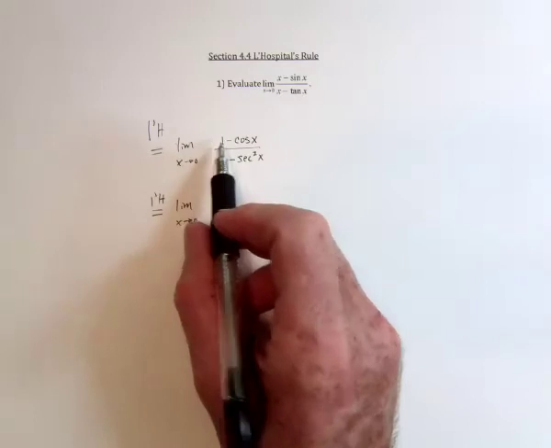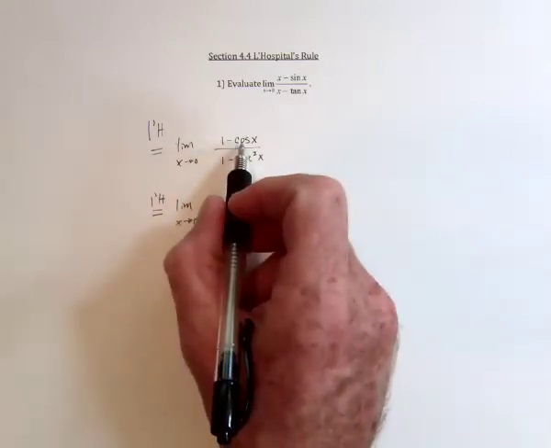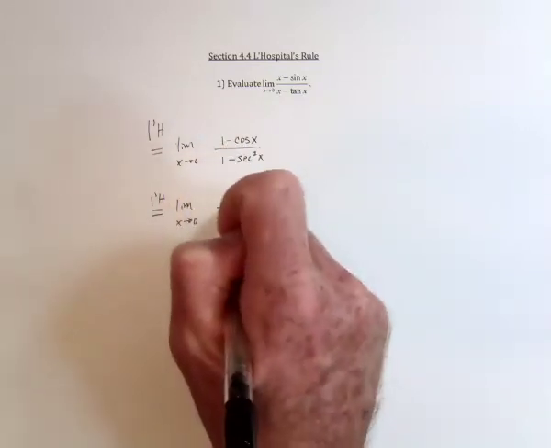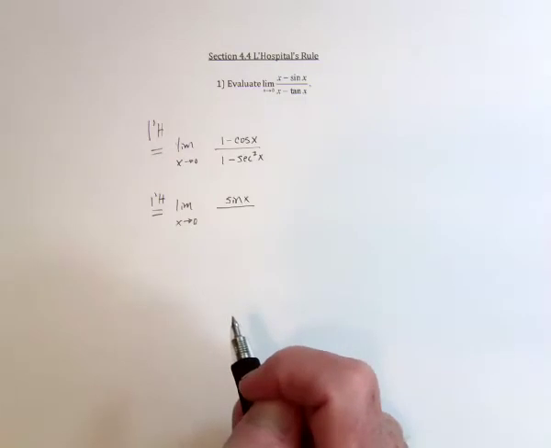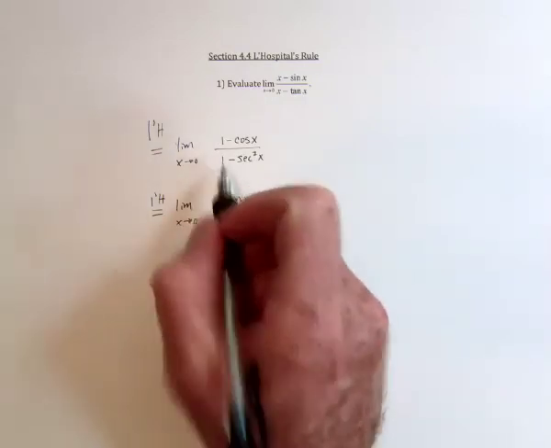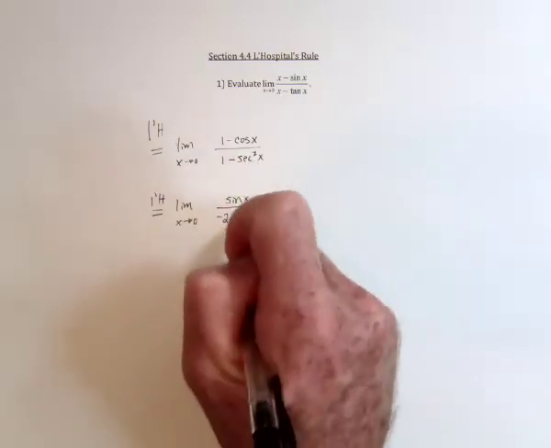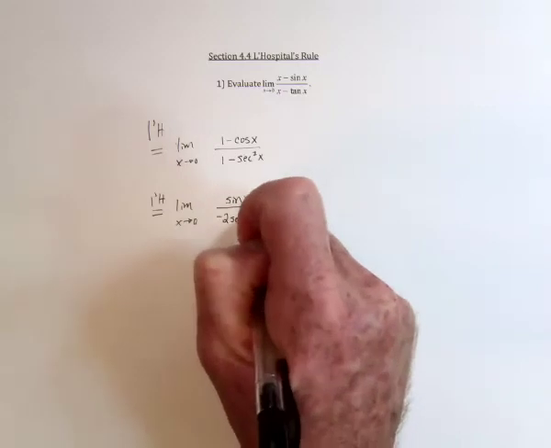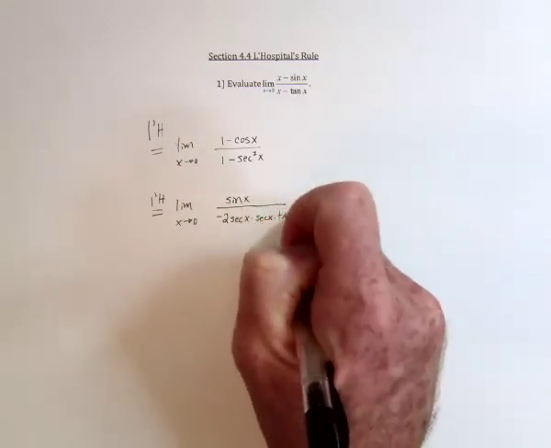So take the derivative of the top, and we're going to get a 0, and then the derivative of cosine is negative sine, so that'll cancel this, making it sine of x. And then for the derivative of the denominator, this will be 0, and then negative 2, from that 2, leave the secant alone at first, and then take the derivative of secant, which is secant times tangent.